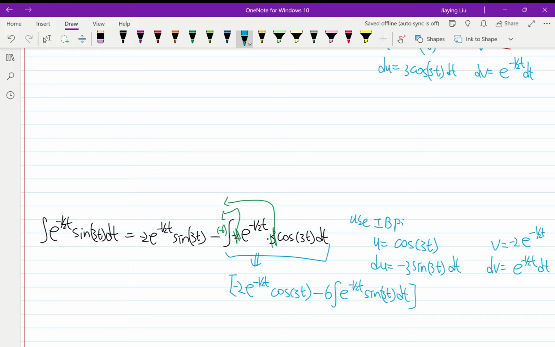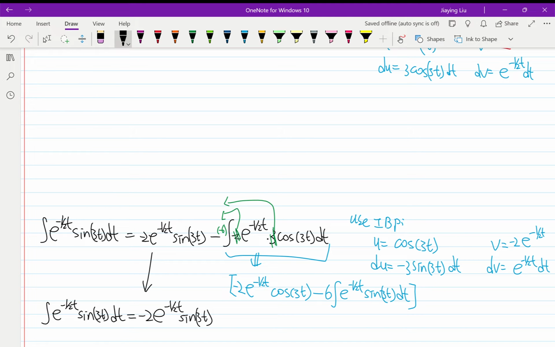And if I rewrite this, if I put this chunk in this part and then multiply with +6, right, that's a minus a -6. So multiply by +6, let me just write down that line. So I get the integral of e to the -1/2 t sine 3t dt is equal to -2 e to the -1/2 t sine 3t, the first term doesn't change.